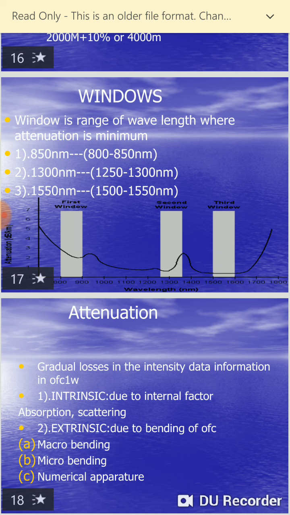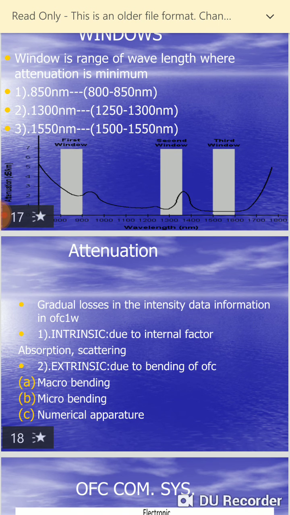Already we have covered the different losses in another video, but still if we have to summarize it, they are classified as absorption losses. In absorption again there are two types: intrinsic absorption, extrinsic absorption.